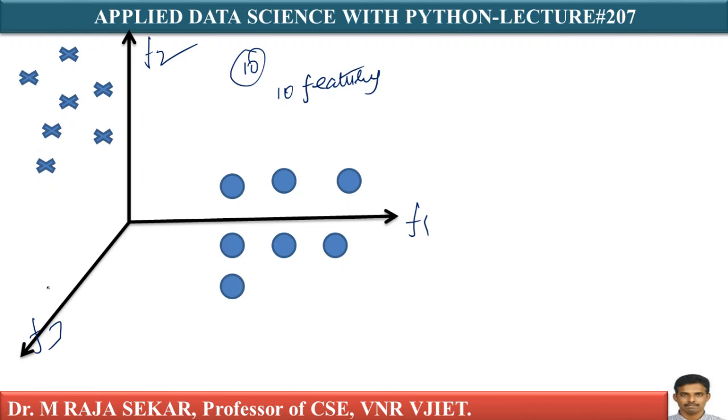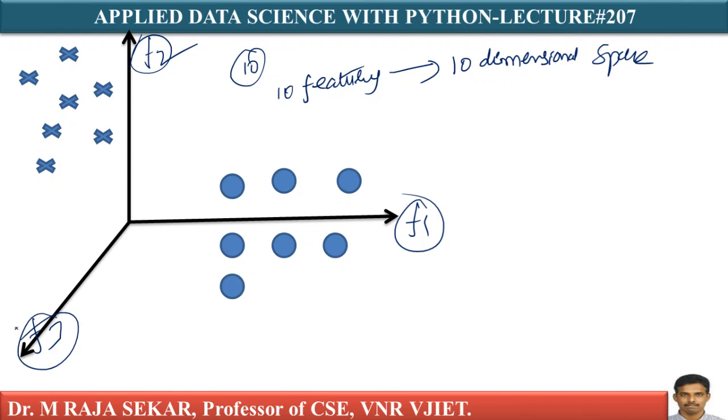What happens in machine learning? If I have 10 features, I have to operate in 10-dimensional space. As we had 3 features here, we were operating in 3-dimensional space. In a similar manner, if I have 10 features, I must operate in 10-dimensional space.